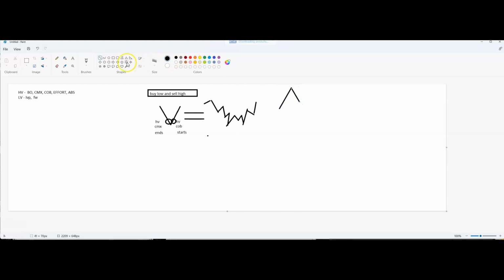Selling high, it's going to be here. There's going to be high volume here, and there's going to be high volume here. This is buying low, and that is selling high.